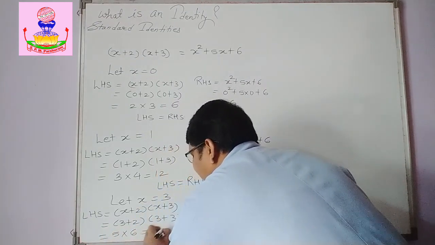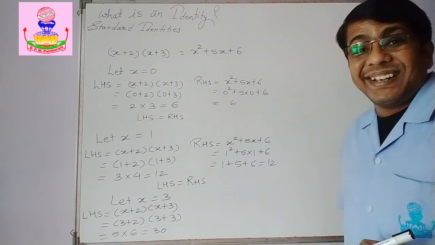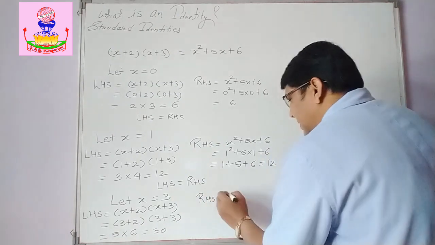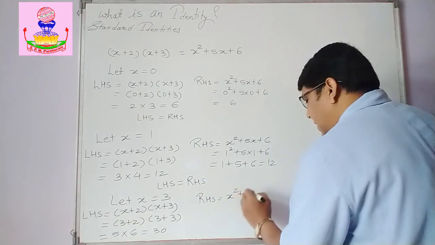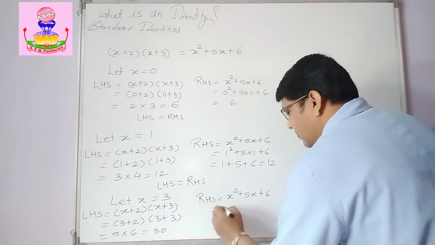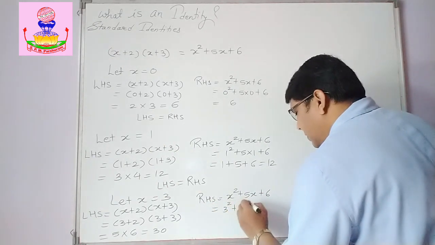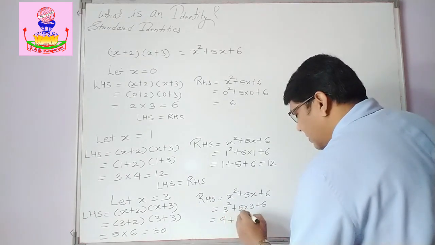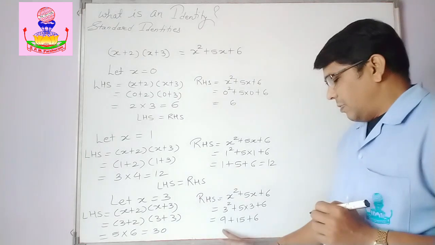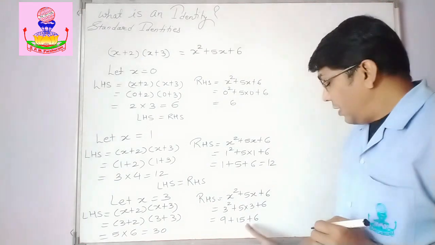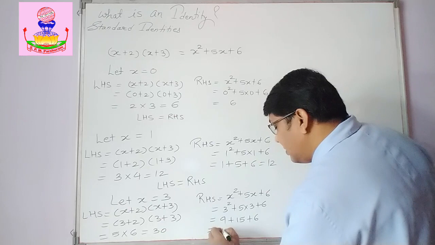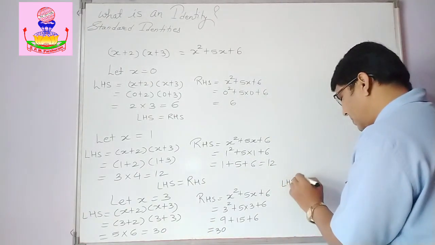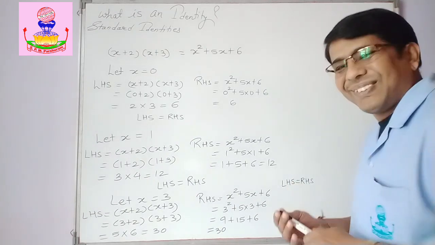Now 3 plus 2 is 5, and 3 plus 3 is 6, and 6 5s are 30. We will see what RHS is. x² + 5x + 6, value of x 3. So 3² + 5 into 3 + 6. 3 square is 9, 5 3s are 15 plus 6. 15 plus 9 is 24, 24 plus 6 is 30. Aryan Takle also got LHS is equal to RHS.